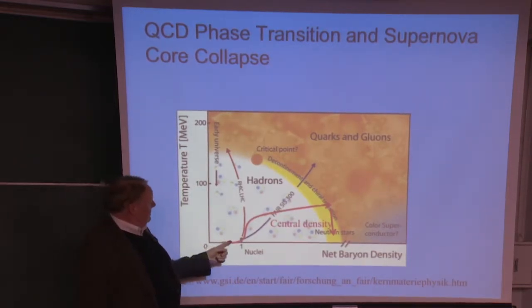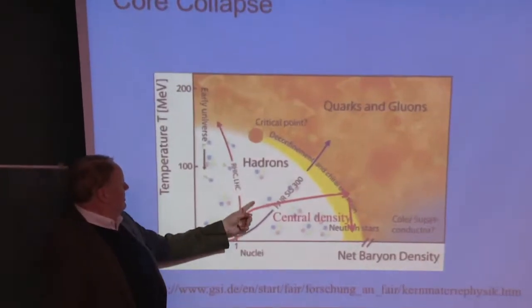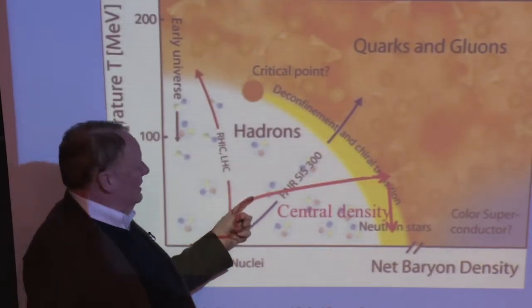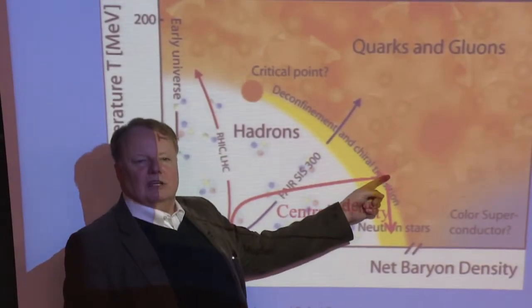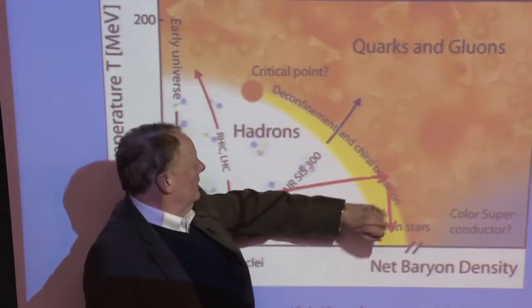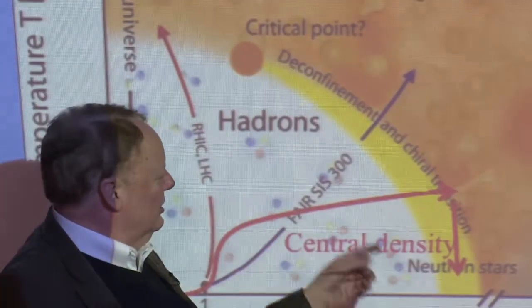Basically, as the proto-neutron star forms, the temperature starts going way up to like 50, 100 MeV, and the density continues to contract to several times nuclear matter density. And somewhere out here, you can cross over into this quark-gluon plasma regime.